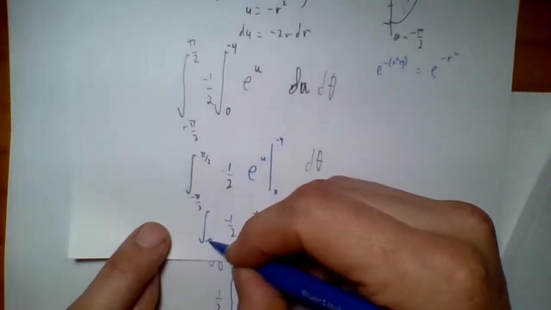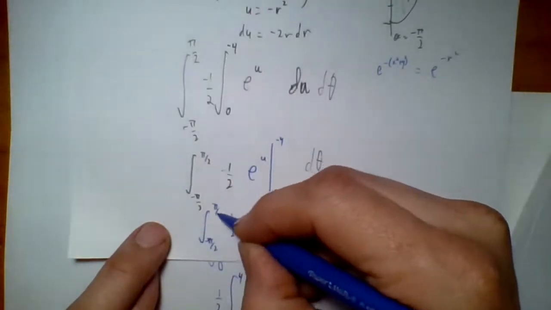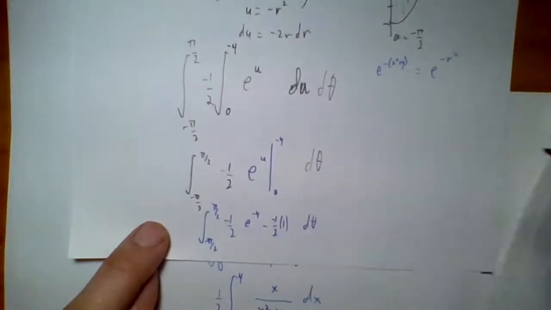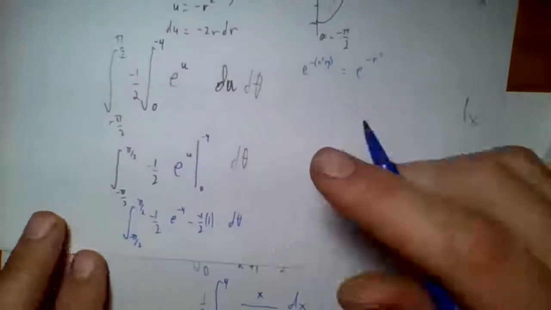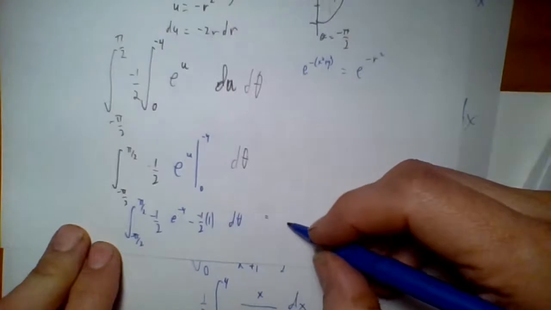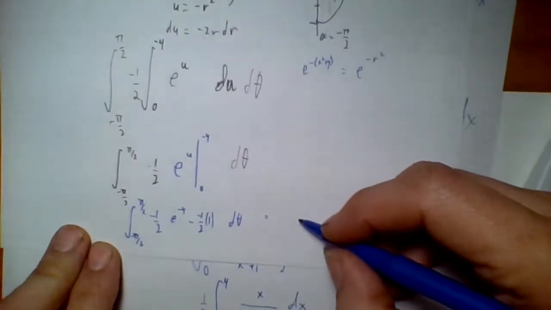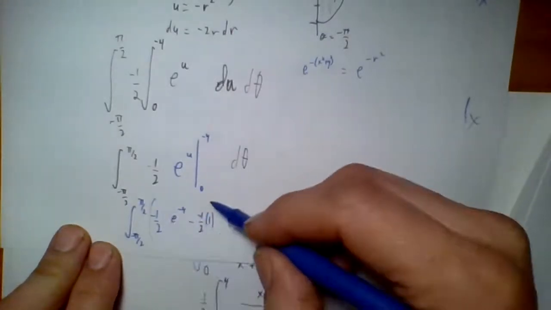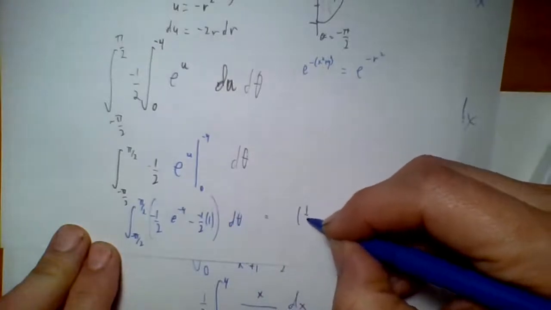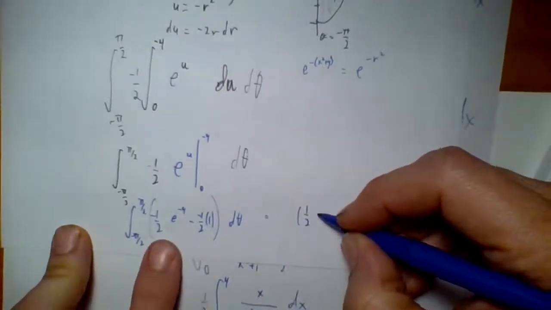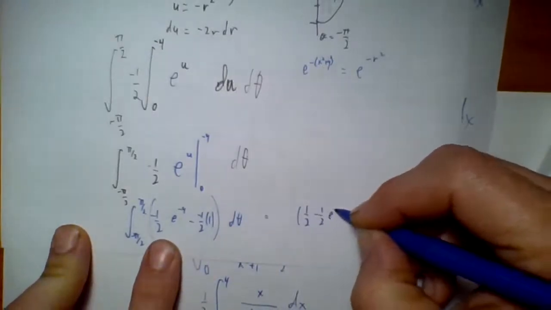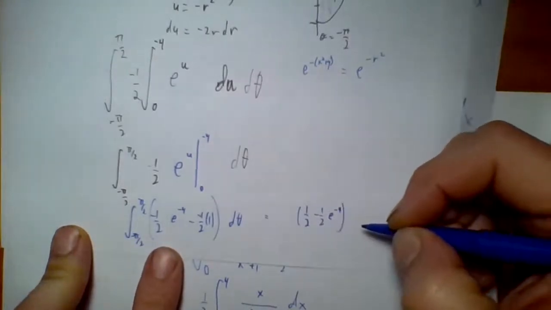Integral of that, but it's all just a constant. I don't actually have a function of theta. I have a constant function of theta. So antiderivative of this big constant, which I'm simplifying a little bit here, that's positive 1/2 minus 1/2 e to the minus 4 is my constant.